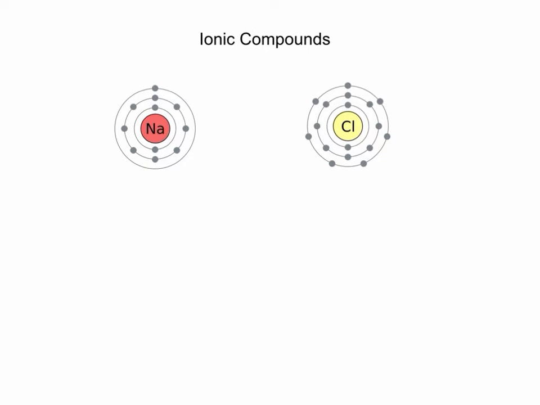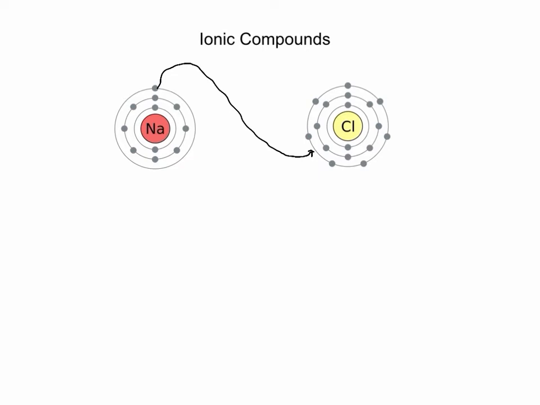Well, if I have two atoms, one that wants to lose electrons and one that wants to gain electrons, they're going to trade those electrons. So in this case, I have the sodium, and it's going to lose this valence electron. It's actually going to give or donate that valence electron to chlorine.